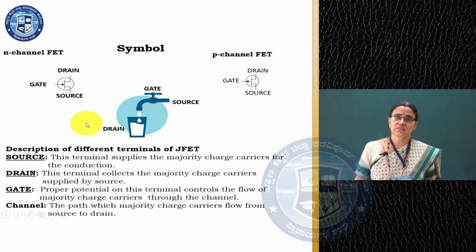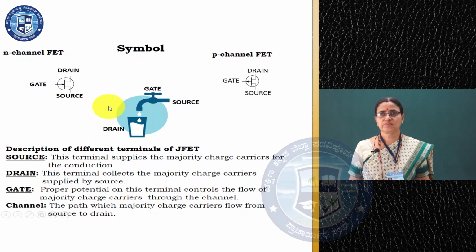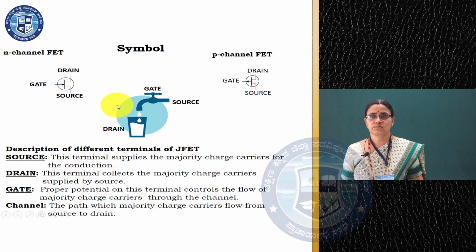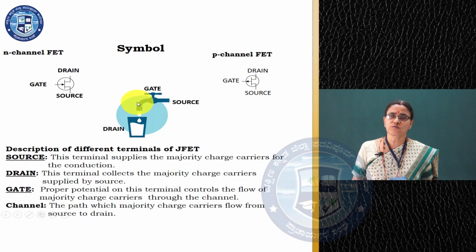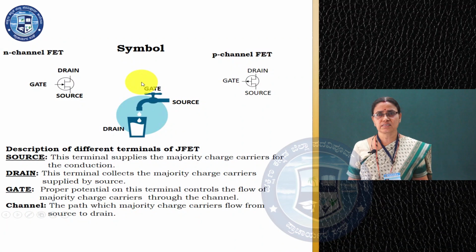So the source is supplying majority charge carriers to the drain. The drain collects the majority charge carriers and the gate controls their flow. The path of majority charge carriers is called the channel.